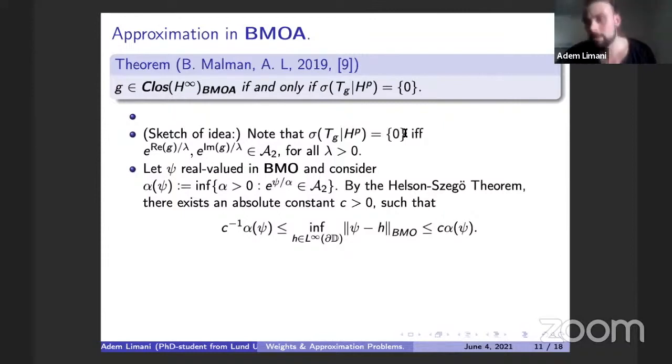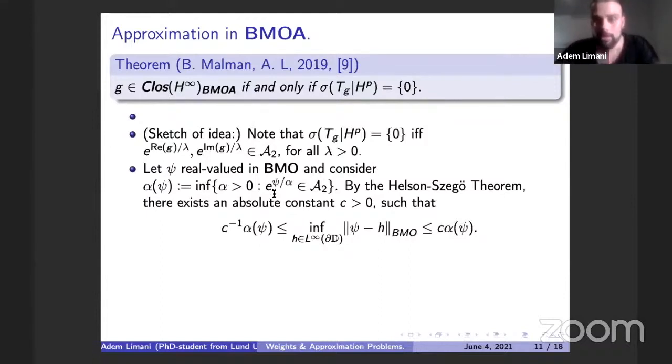So we use the deep theorem, and we note that the spectrum is trivial if and only if, remember, if the spectrum is trivial, then this means that plus minus lambda belongs to the spectrum for any lambda. And then we actually get that the real and imaginary parts are A2 weights. But then there is this deep theorem by Helson-Szego, which relates the distance to L infinity in the BMO norm to this quantity here, which is the infimum of the constant such that e to the phi.